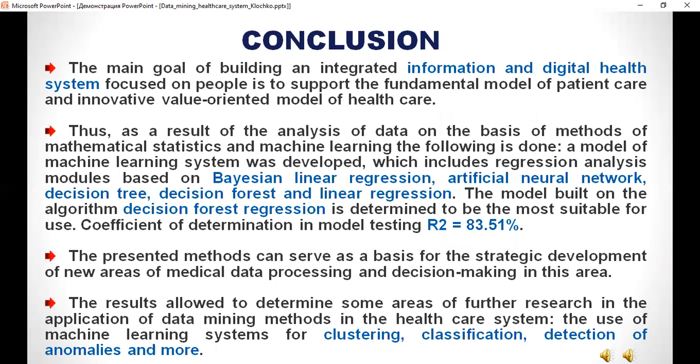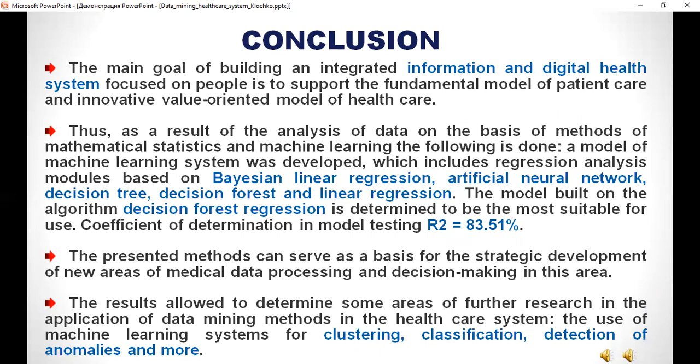The main goal of building an integrated information digital healthcare system focused on people is to support the fundamental model of palliative care and the innovative value-oriented model of healthcare. Thus, as a result of the analysis of data on the basis of methods of mathematical statistics and machine learning, the following is done.